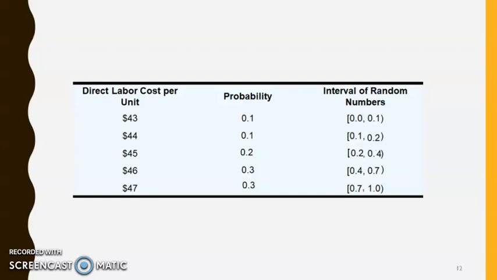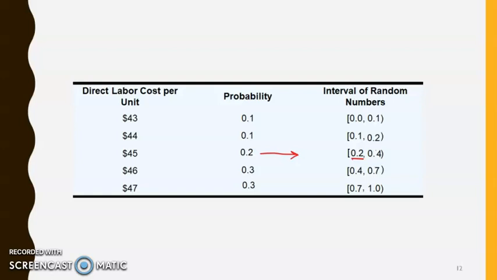After that, for 44, we have 0.1 to 0.2. It is 2 here, 0.2 to 0.4, and like that you continue to get the results.